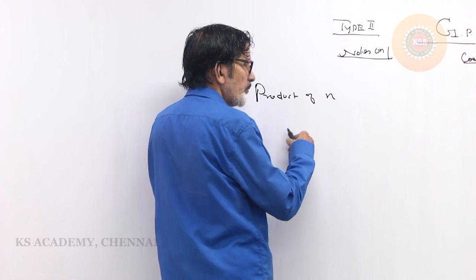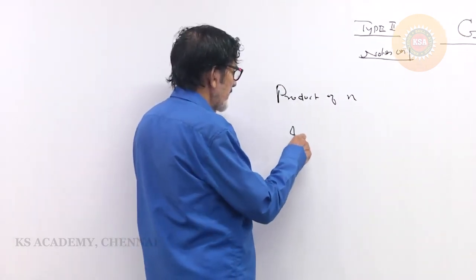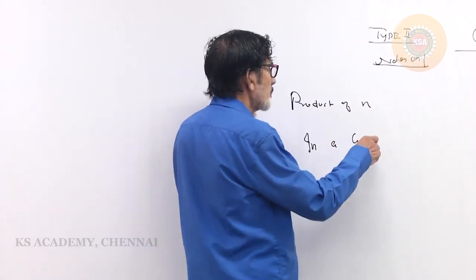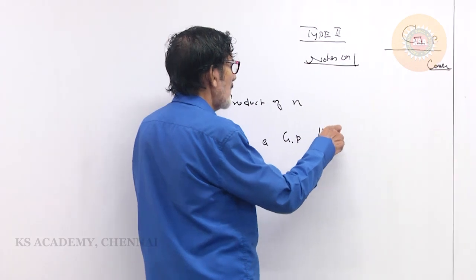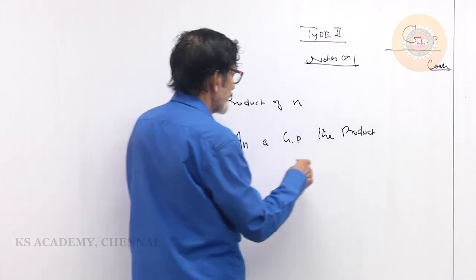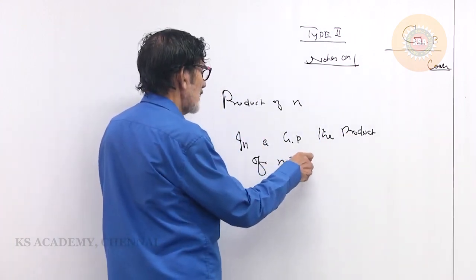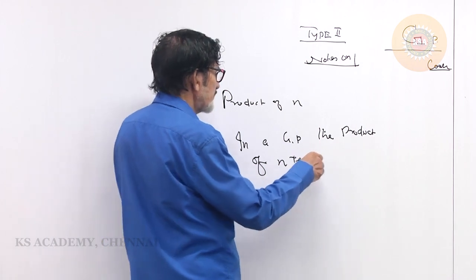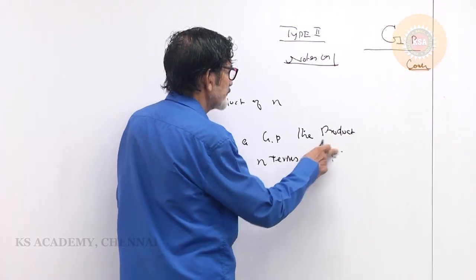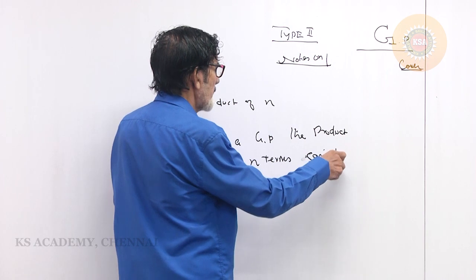Heading, underline the heading: in geometric progression, the product of n terms is possible and can be found out.